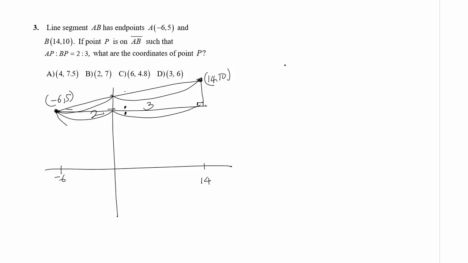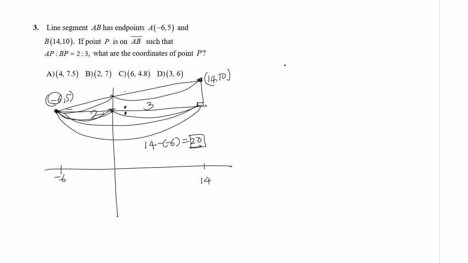You know that, right? The distance from here to here is how much? 14 minus negative 6 is what? 20, right? But this point is only what? 2 out of 5, isn't it? So we start from here, okay?